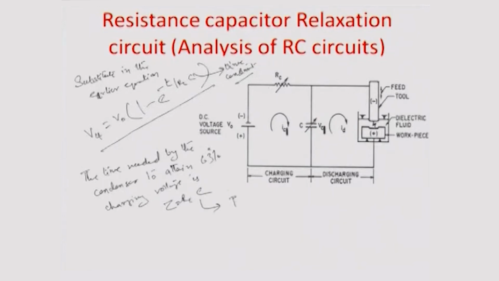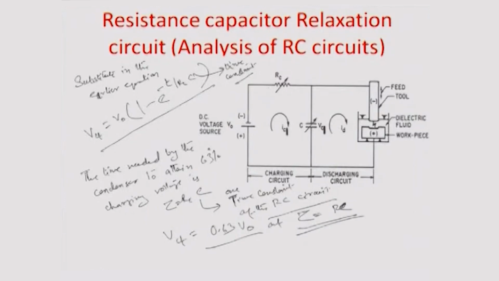So, this is one time constant from the definition of an RC circuit. So, in other words, it means that this VC(t) is actually 0.63 V0 at tau equal to RC, tau equal to one time constant.